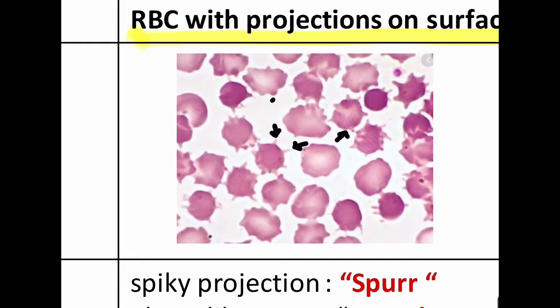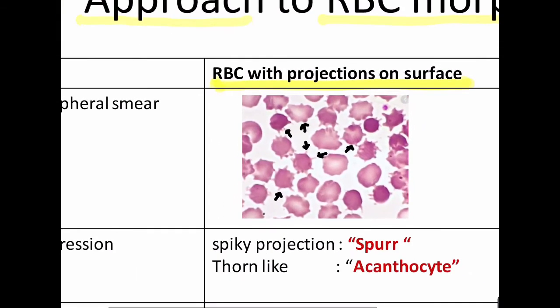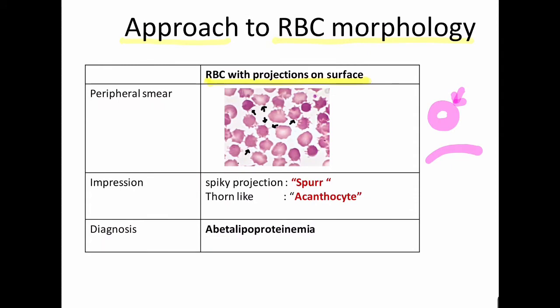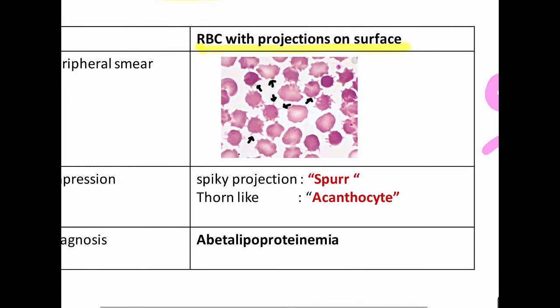This spiky RBC or RBC with a thorn like projection is seen in which disease and what this cell is called as. This is a very important frequently asked question in various examinations. So friends, I'll give you a very important simple mnemonic by which you can remember these cells. These projections are spiky. Because these projections are spiky, so we call them spur cell.